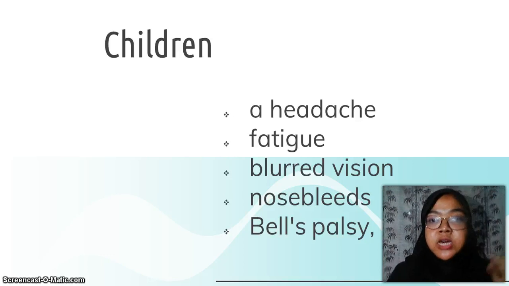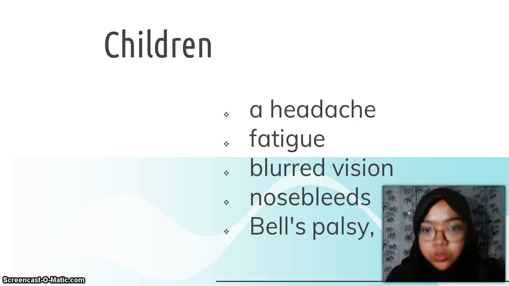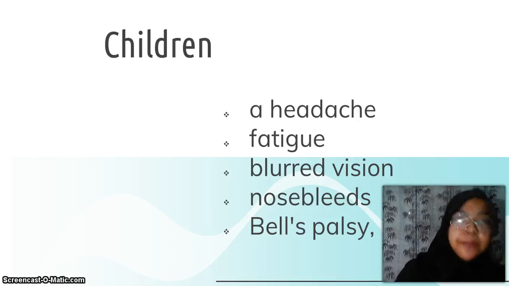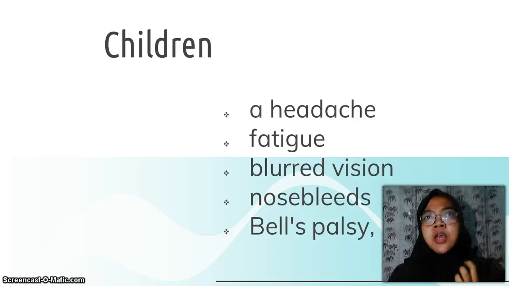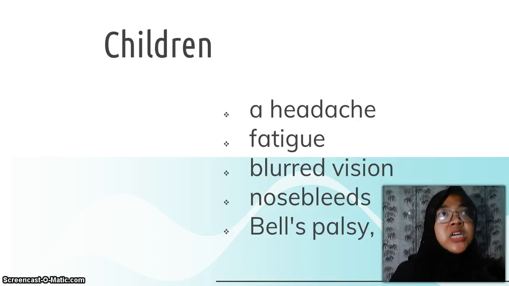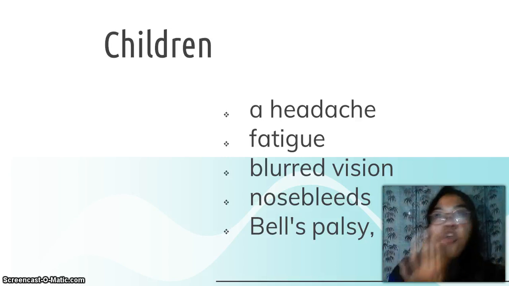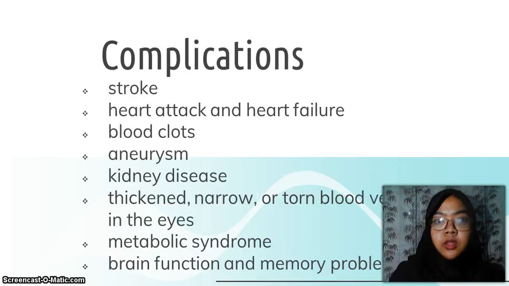The first is headache, fatigue, blurred vision, nosebleed, and Bell palsy. What is Bell palsy? Bell palsy is the inability to control the facial muscles on one side of the face. And complications.